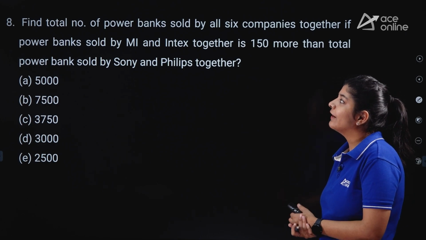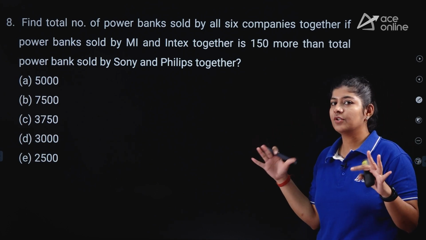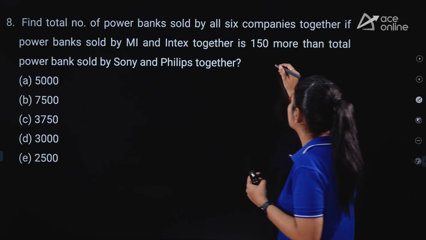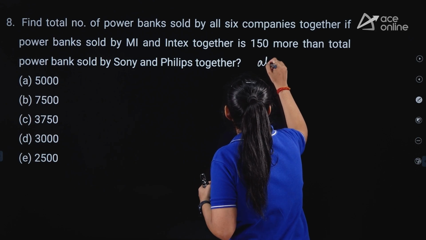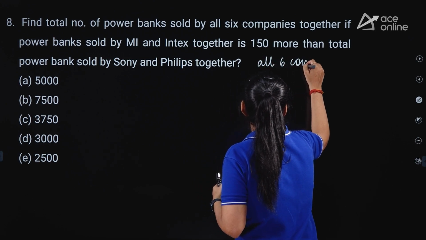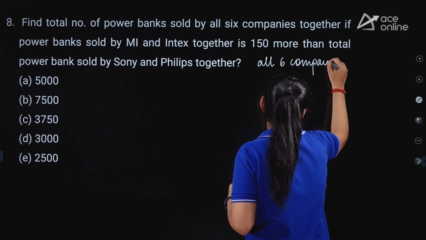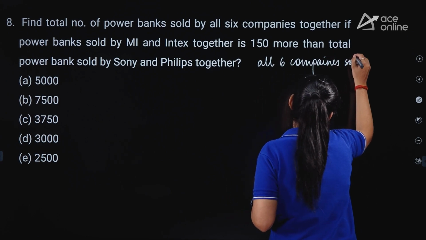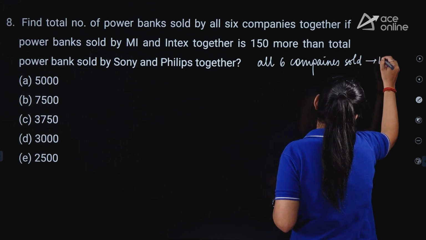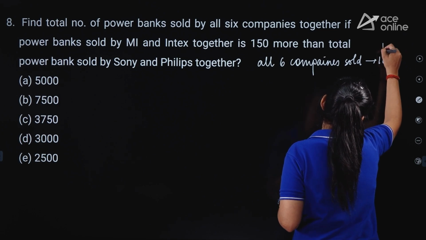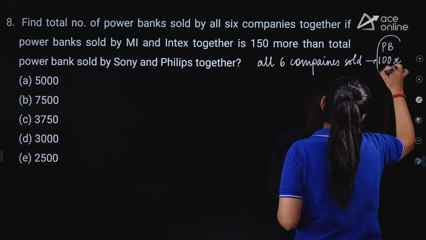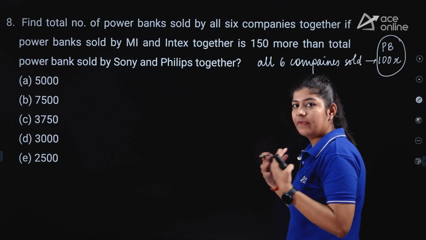You have to write down the equation first. You have to assume that all 6 companies sold basically 100x power banks.